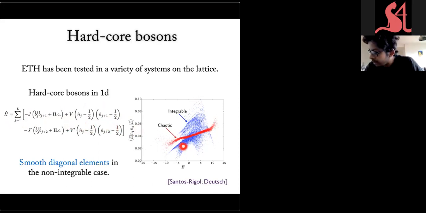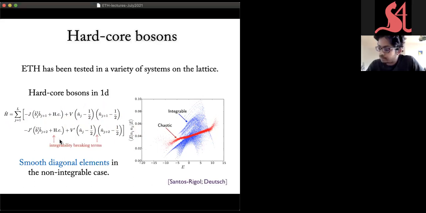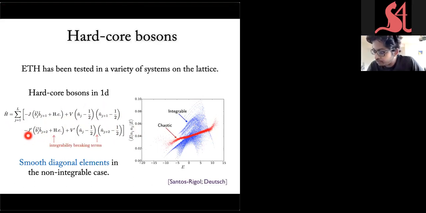And you see it's a scatter plot, so it's not smooth. Now if you turn on these terms, if you give a finite value to J prime and V prime, this blue scatter plot collapses quite strikingly to this smooth curve.